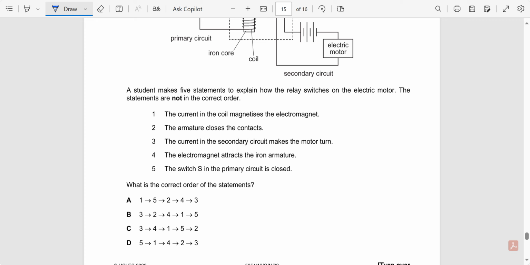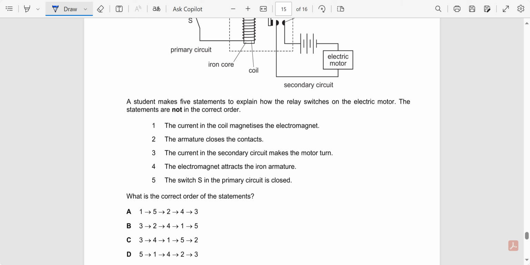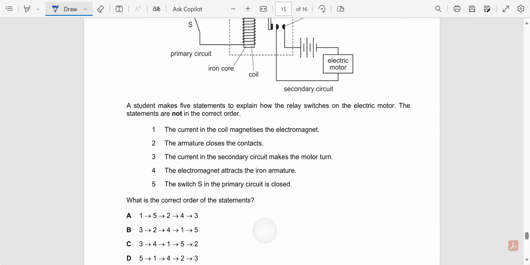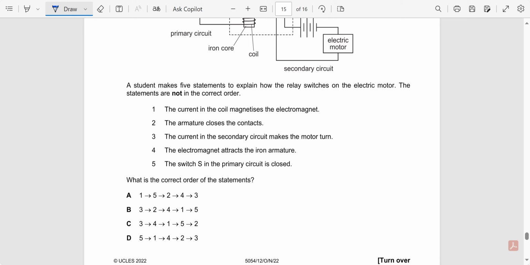It says the current in the coil magnetizes the electromagnet. The armature closes the contact. The current in the secondary coil makes the motor turn. The electromagnet attracts the iron armature. The switch S in the primary coil is closed. So the first thing you need to do is close the switch, then it is going to become a magnet.